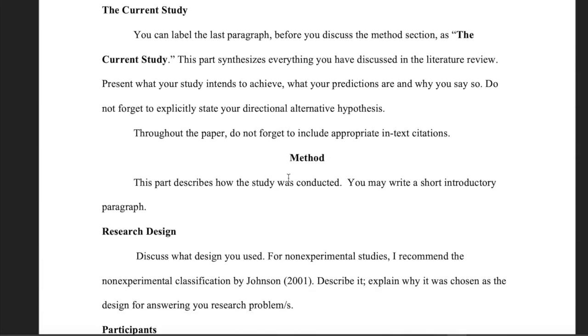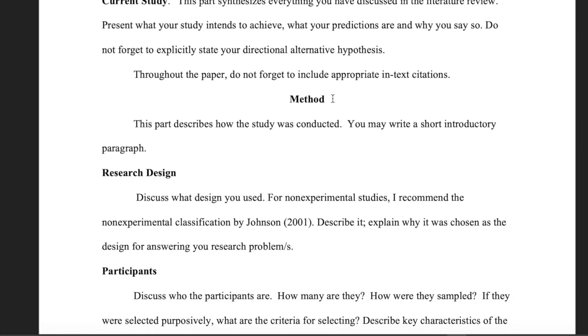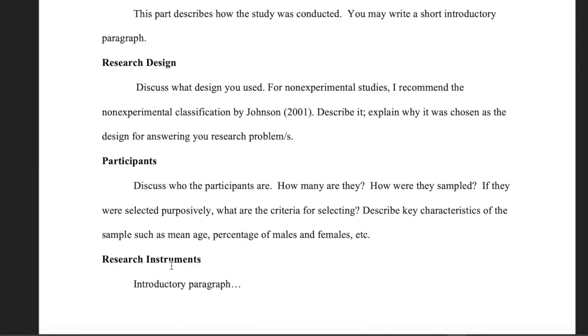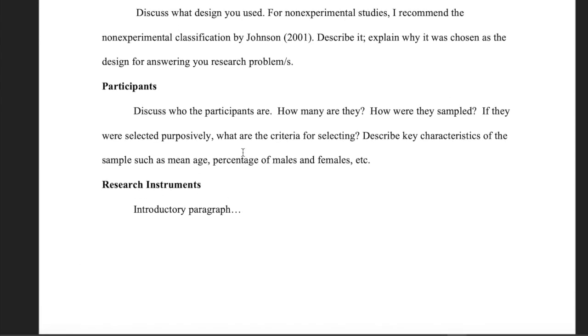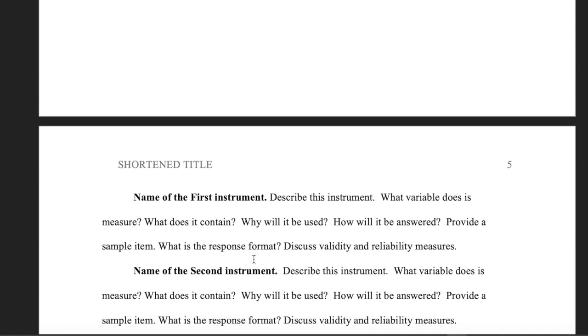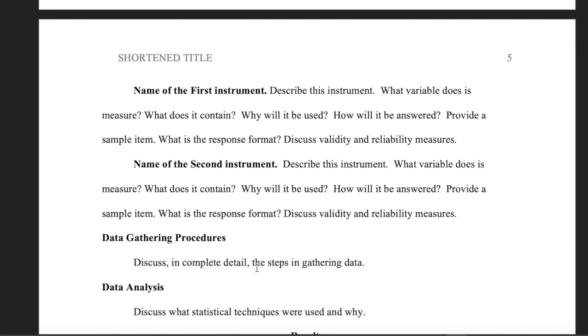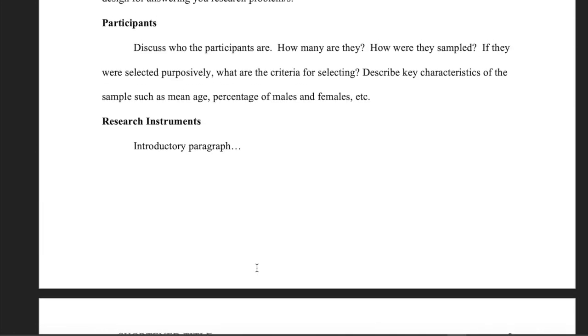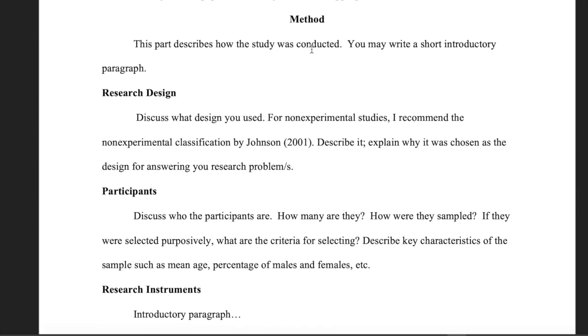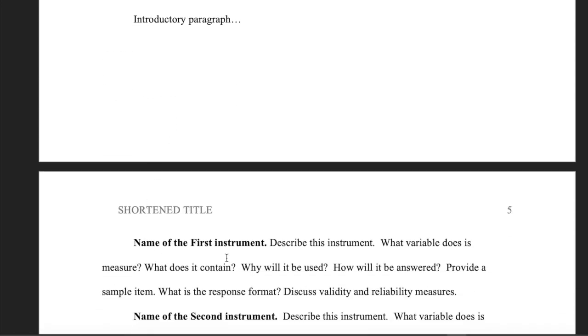Certainly, the method section is another major section, and within the method section, we have the research design, participants, instruments. Within the instruments, we have the first instrument, the second instrument. So it's a hierarchy of things, and you will notice that the format for this level heading is different from the format for this level heading, and is different for this level heading.